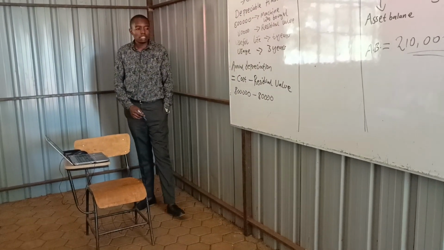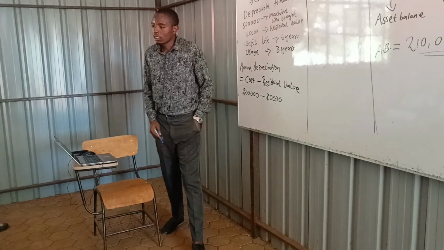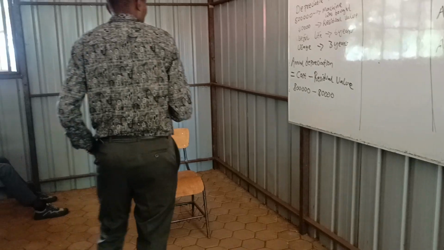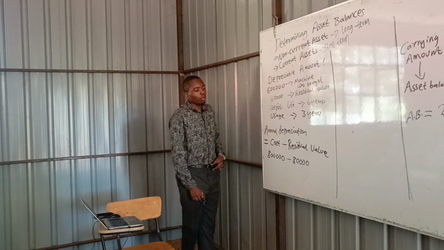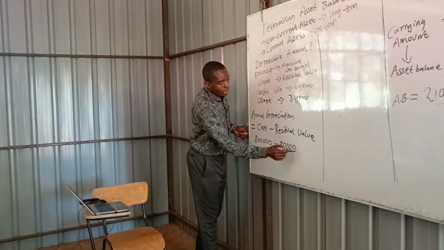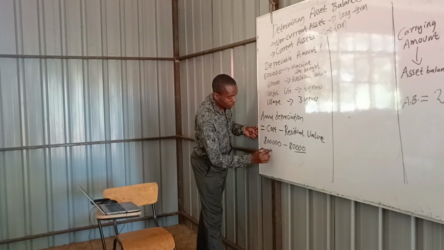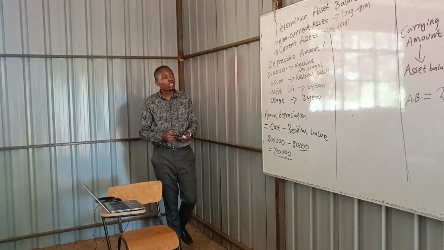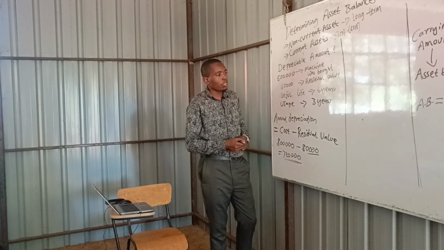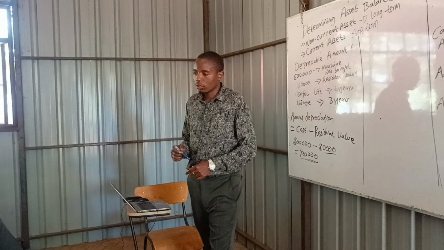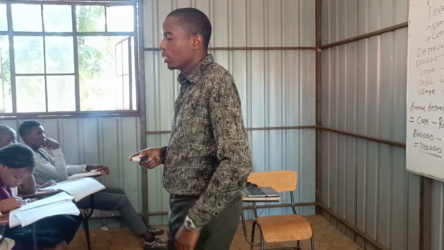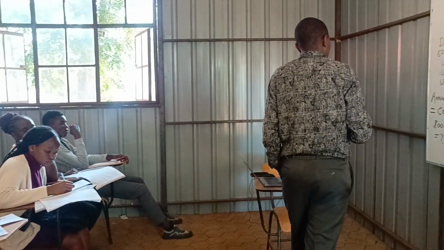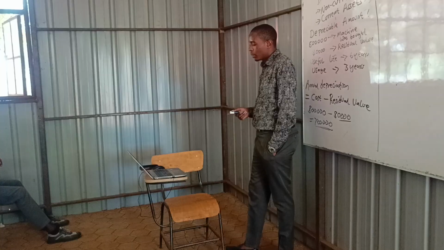So just like you have said, you want to know that this machine has depreciated by how much? So the answer will be 720,000. So that is the depreciable amount. Because what we mean by the residual value is the amount the machine is worth at the end of its life.